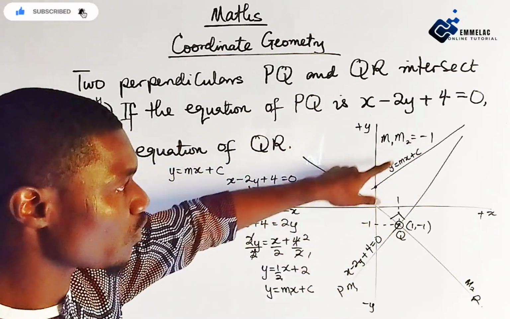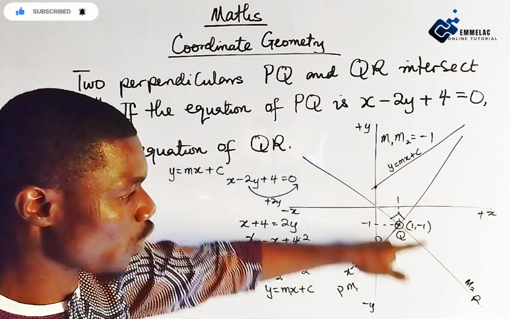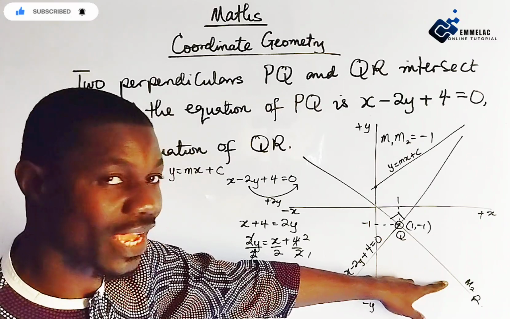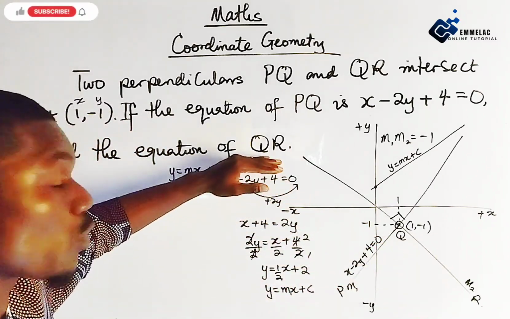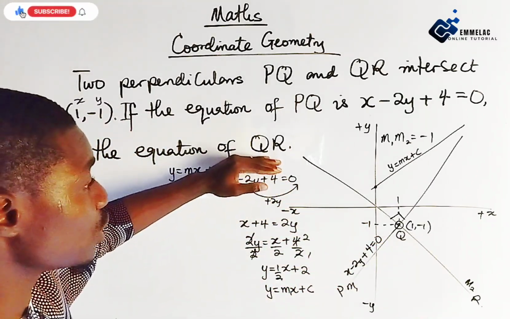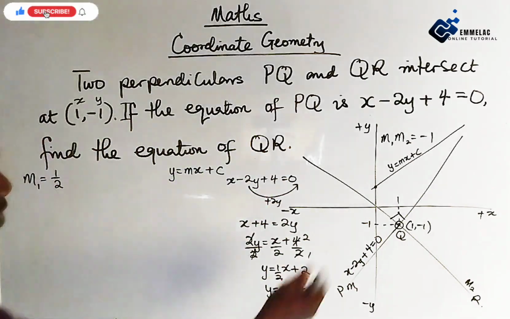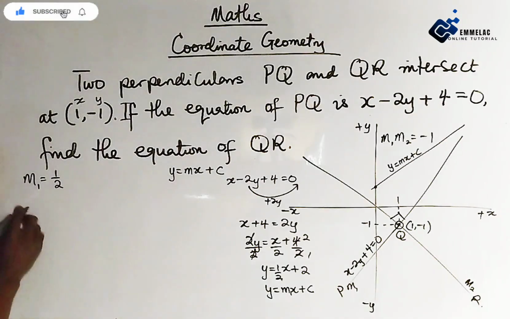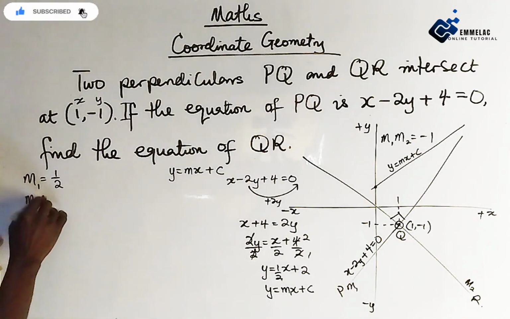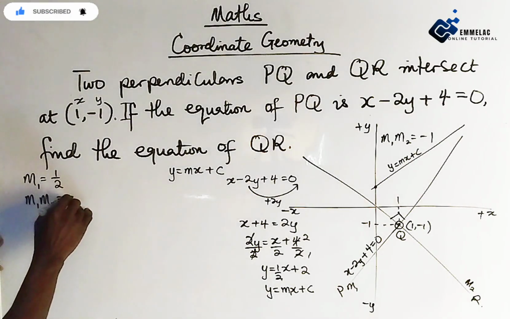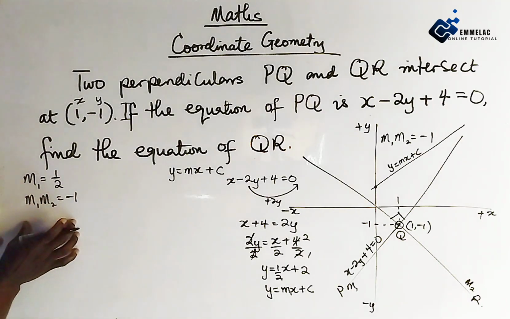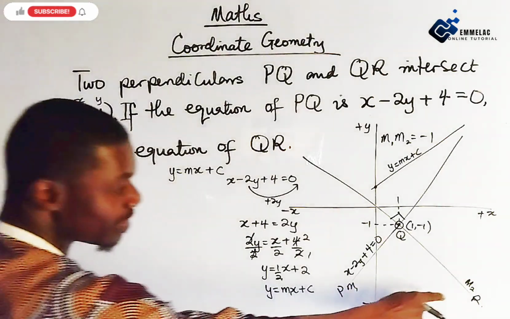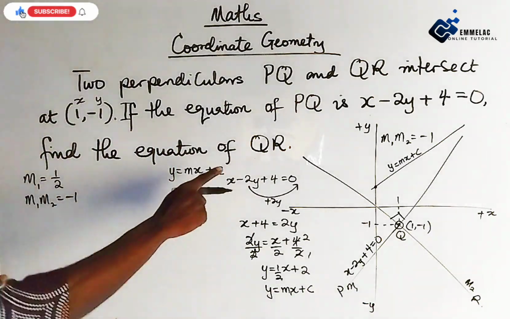And at that time we will need to find the gradient of the second line to help us generate the equation for QR. So let us now use this equation, m1 m2 equals -1. The reason we're using this equation is to find the gradient of the second line QR.